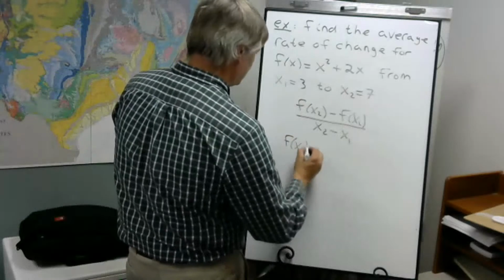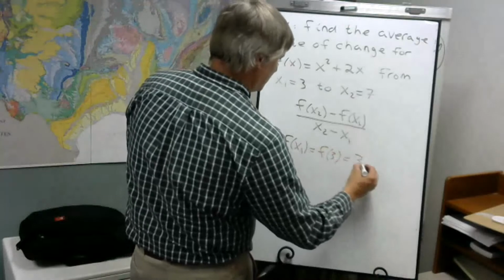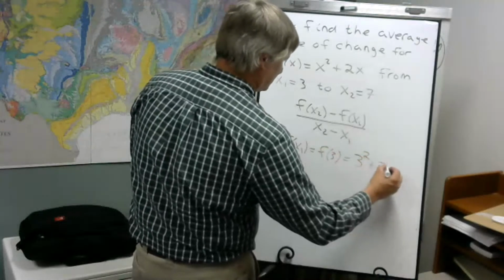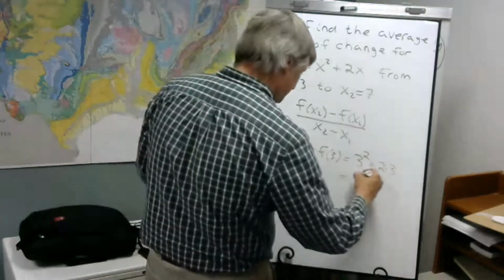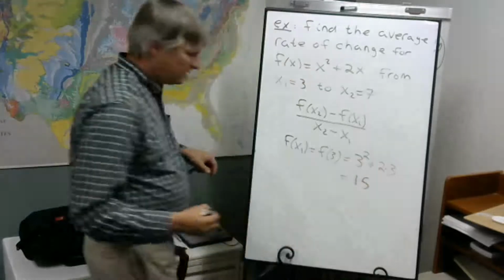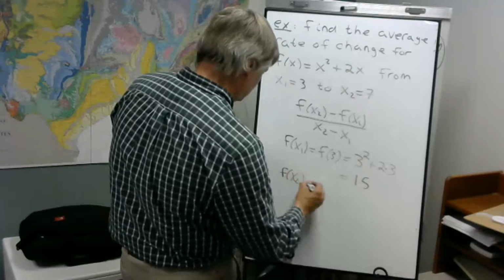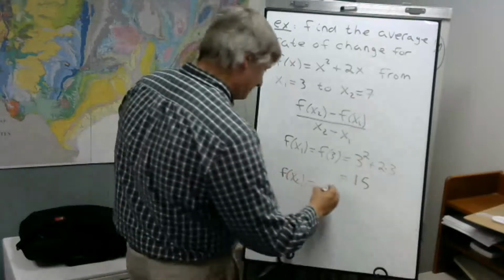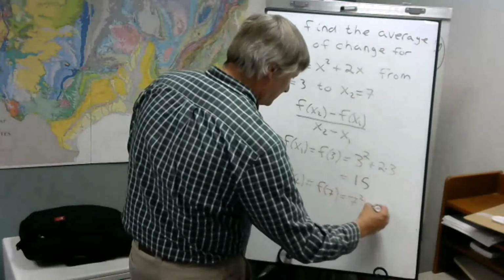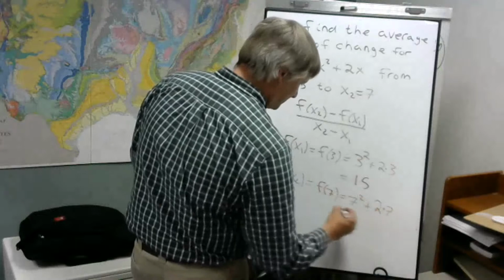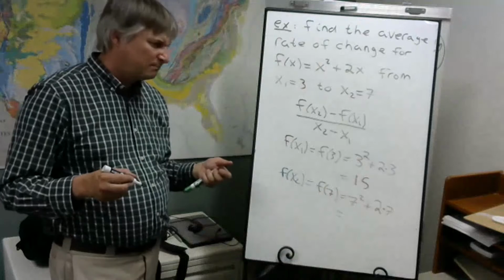So f of x1 is f of 3, which will be 3 squared plus 2 times 3, or 9 plus 6, or 15. f of x2 is f of 7, which will be 7 squared plus 2 times 7. That's 49 plus 14, which is 63.